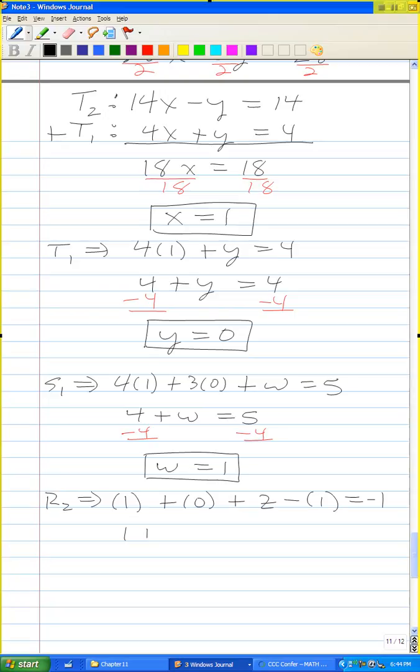And so I have 1 plus z minus 1 is negative 1. The 1's cancel. So z equals negative 1. So x is 1, y is 0, z is negative 1, w is 1. So I've solved the system. Good.